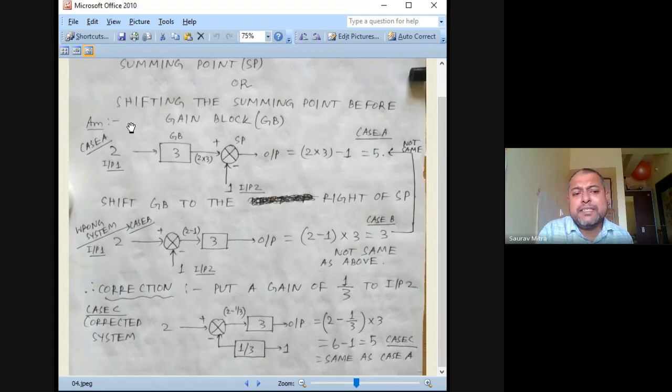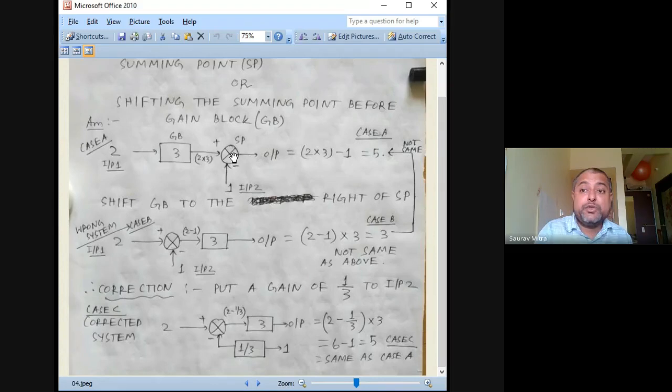Input 1 was getting multiplied with 3, but input 2 was not getting multiplied with 3. But in this case, with 2 minus 1, the 1 is also getting multiplied with 3, and the 2 is also getting multiplied with 3. That was not the original algorithm. The original algorithm was that input 1 is multiplied with 3, but 2 comes directly.